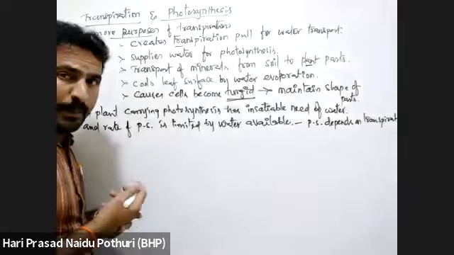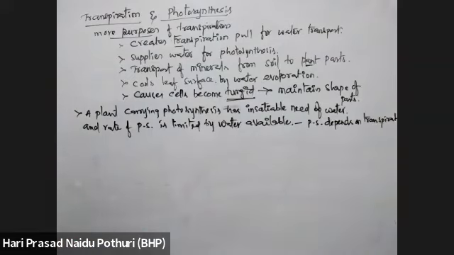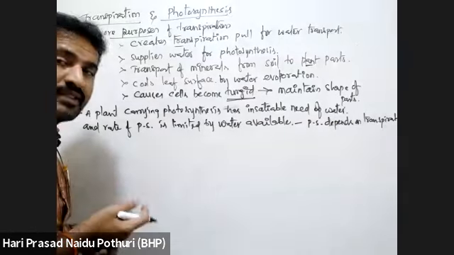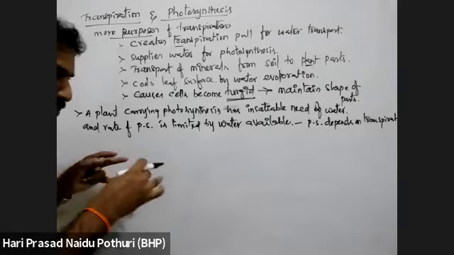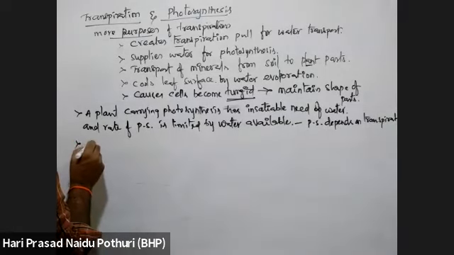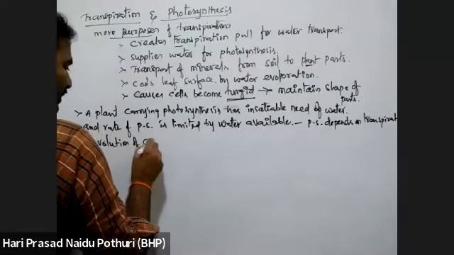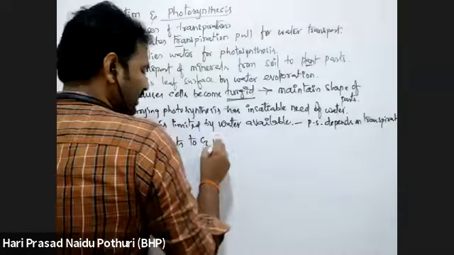If you see plants, they are normally divided into two types, C3 plants and C4 plants.